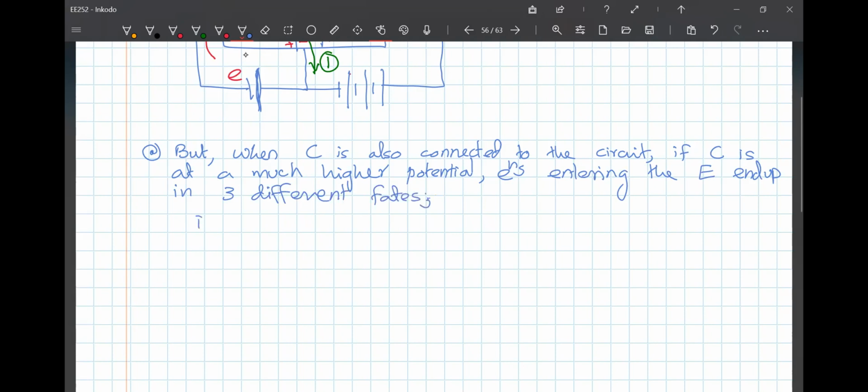Number one, the electron could exit via the base. That's basically what happened earlier. Number two, the electron could collide with a hole.